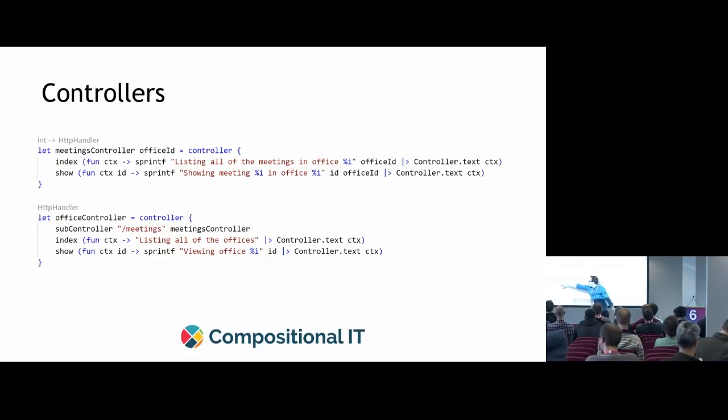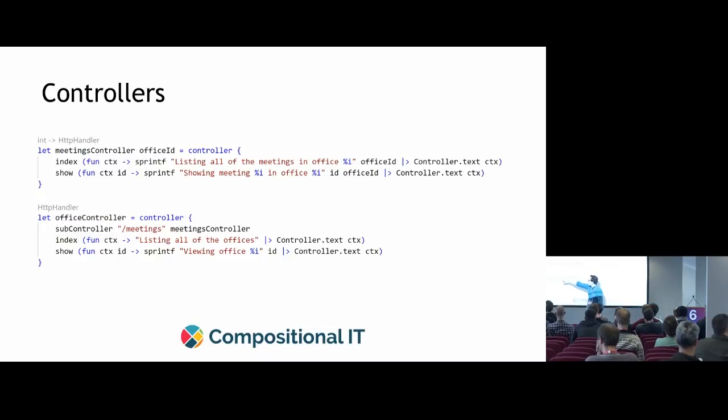We have a show, which provides us with the context again. So that's the HTTP context that provides everything related to the web request, like the user who's logged in, what headers came through, all those kind of details, as well as an ID. And we can perform specific operations using that ID.